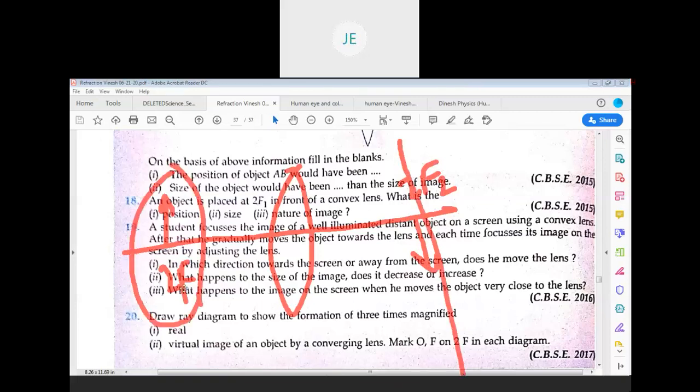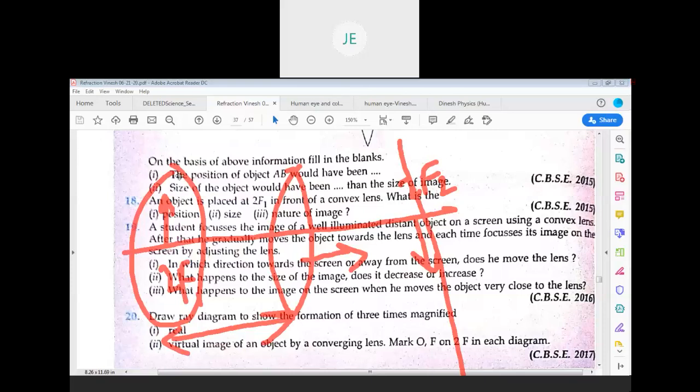You keep this as it is, you don't move the object. Then you move this lens towards the screen, as you answered first. That means this distance is increasing to more than 2f, so the size of the image decreases. That's it.